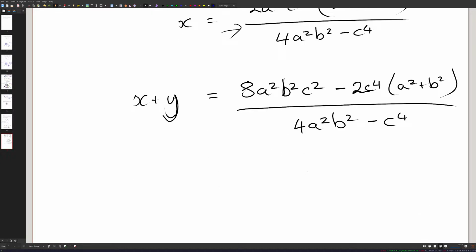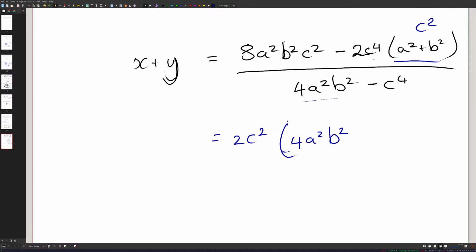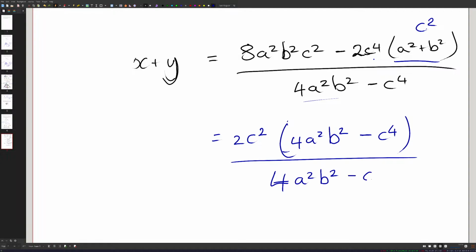And then the a squared plus b squared is just c squared, so actually this is now c squared, or let's make it 2c squared because I want to make it look like the denominator there, times 4a squared b squared minus c squared times another c squared, minus c to the 4, over 4a squared b squared minus c to the 4.